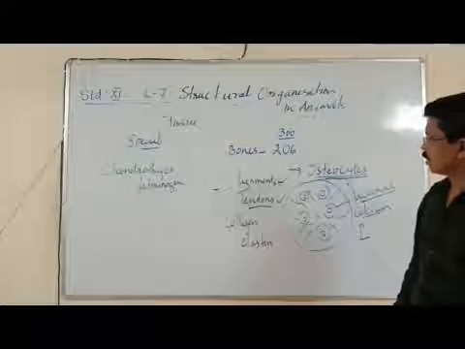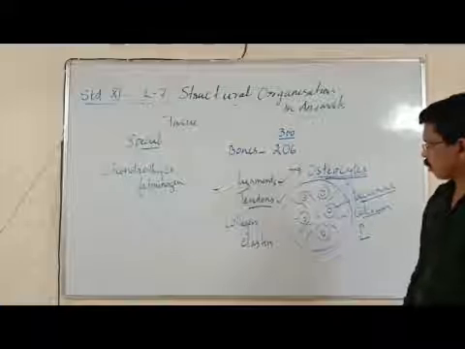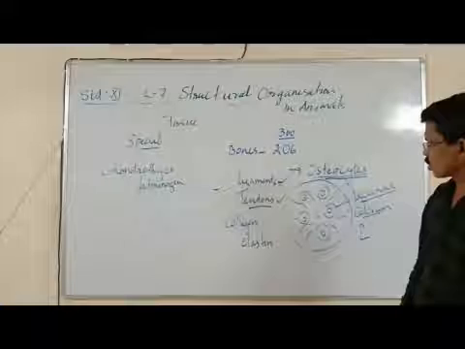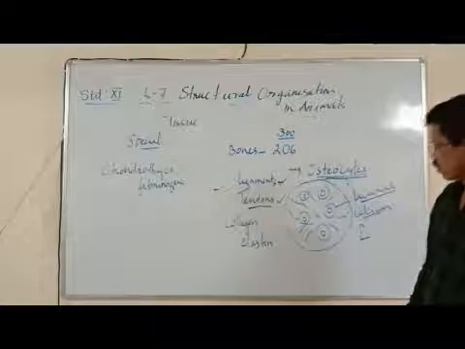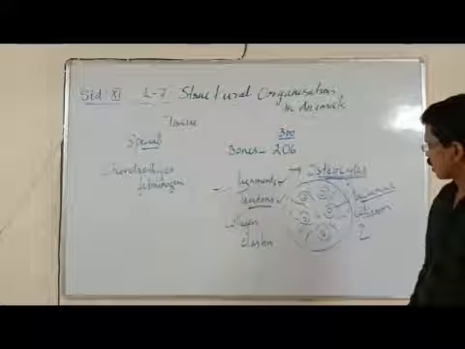Ultimately, the bones and cartilage provide a structural framework to our body. Movements of various organs, locomotion of our body from place to place, everything is provided by these bones and the cartilage. When the amount of calcium is reduced in our bone, the bone becomes fragile.